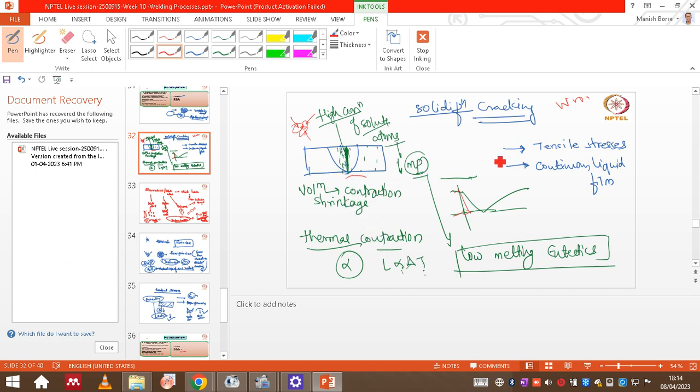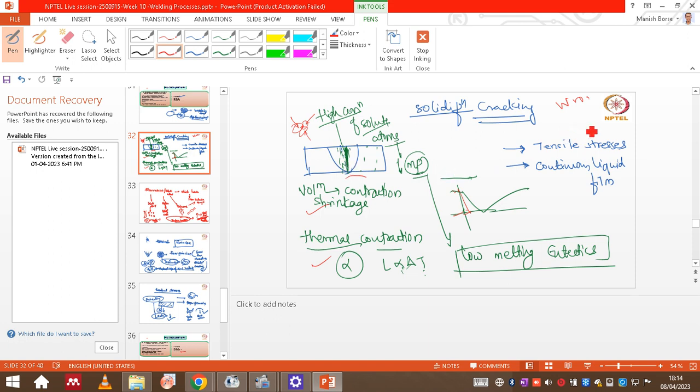And also thermal contraction will be there, because we are restraining the elongation of that material, or elongation of that particular zone, right? So these are two factors. Because of that, the last solidifying region, intergranular or interdendritic, is subjected to tensile stresses, right?